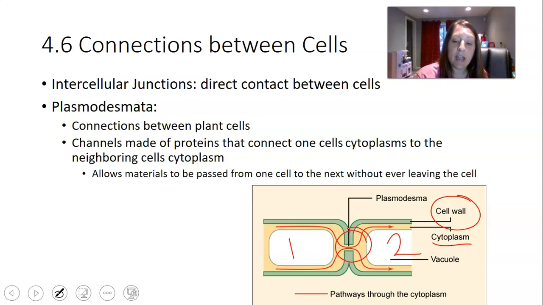It's a direct connection between cell 1 and cell 2. Directly through the cell wall, the cytoplasms are connected to each other. This allows materials to be passed from one cell to the next without having to use energy to bring that material out and then back in, through a cell wall, through the other plasma membrane. Instead, here we have a direct connection. So that's between plant cells. These are channels.